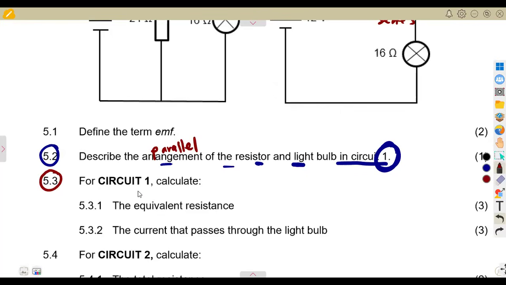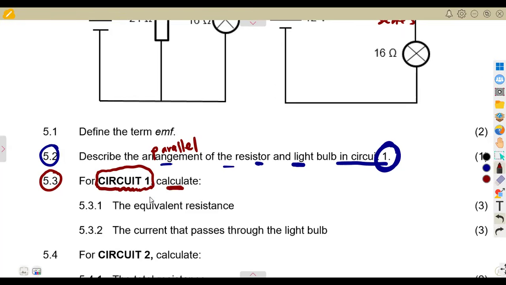5.3, we are given for circuit 1. Take note, they even write this in upper caps and put it in bold, so that you see that you are working from circuit 1. This is where you are supposed to do these calculations.